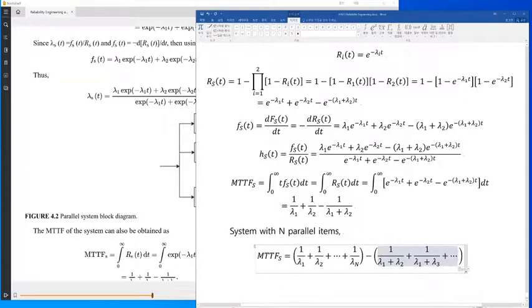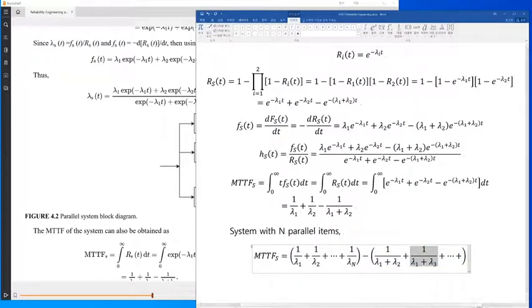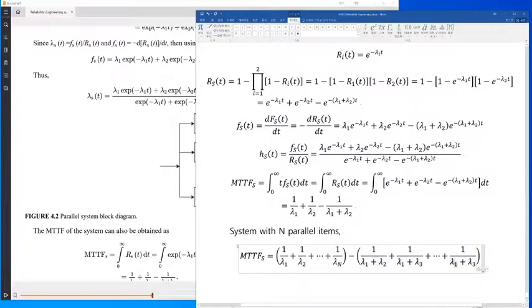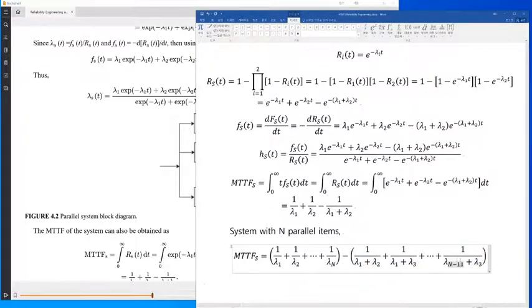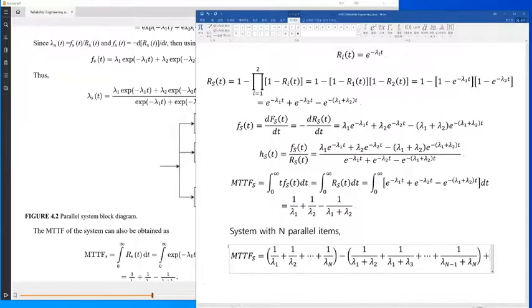So we add all the 1 over pairs of lambdas, and the final term will be 1 over lambda n minus 1 plus lambda n. And then we are going to add all possible cases with 3 lambdas and 4 lambdas and so on.